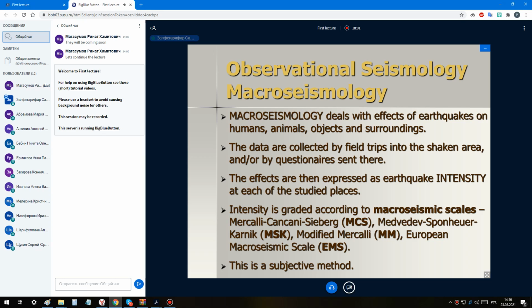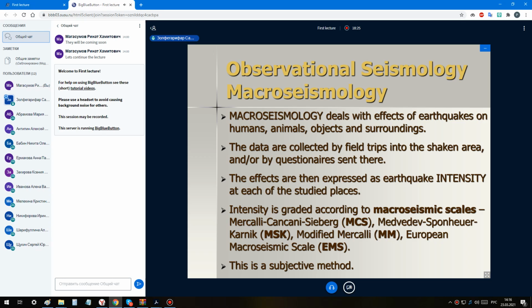Medvedev, Sponheuer, Karnik, which is shown as the MSK standard. Modified Mercalli is shown as MM, or the European macroseismic scale, shown as the EMS standard.